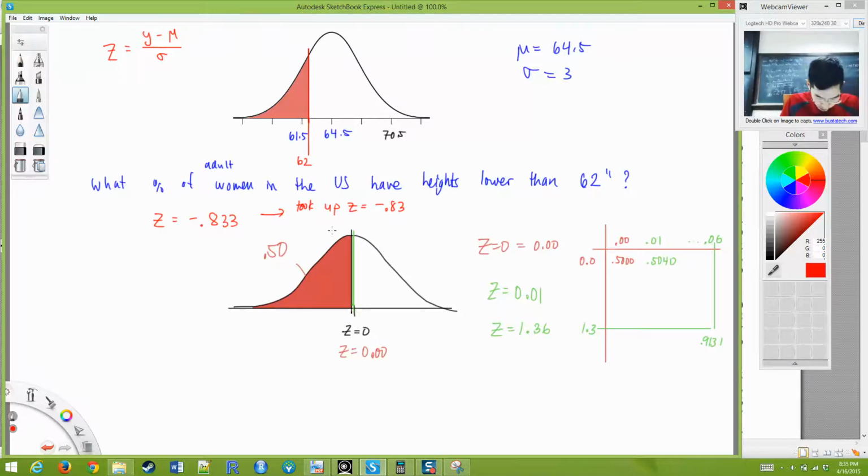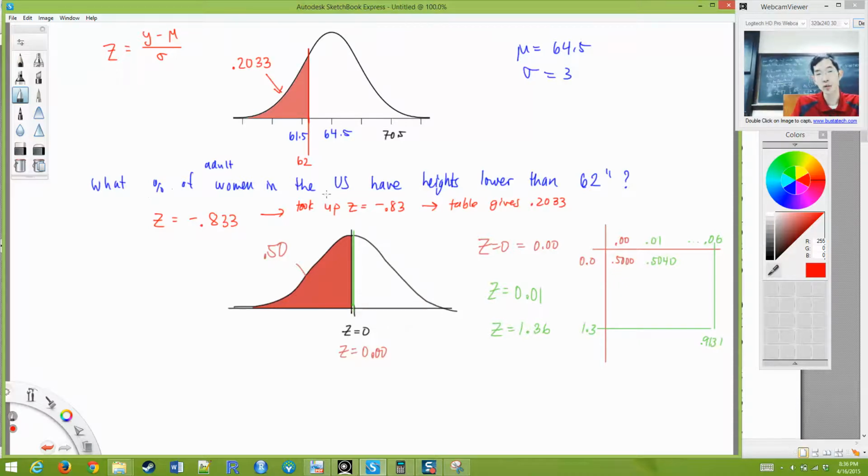So negative 0.83 gives me 0.2033. So from the table we have 0.2033. Is that okay? Okay, so that would be the answer to our question.